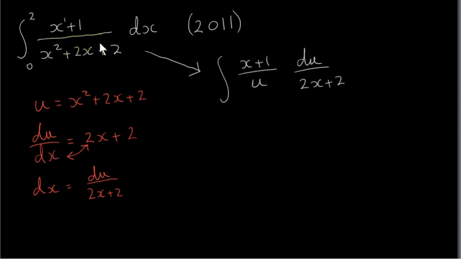Now look at what the integral becomes. Instead of x squared plus 2x plus 2, we write u. Instead of dx, we write du over 2x plus 2. Now, what happens here is we can cancel the x plus 1 with the 2x plus 2. If you want to see it more clearly, we could factorize 2 out of this denominator here.